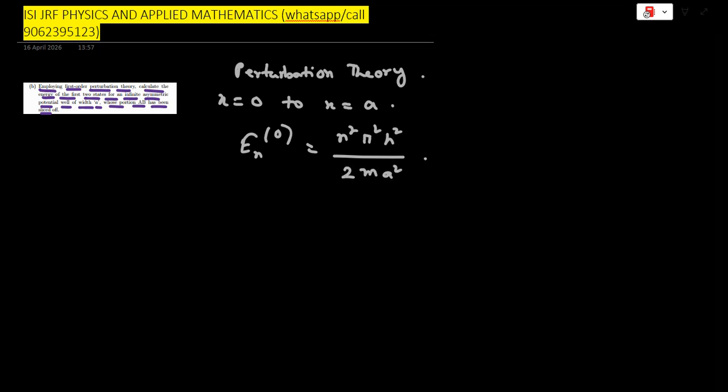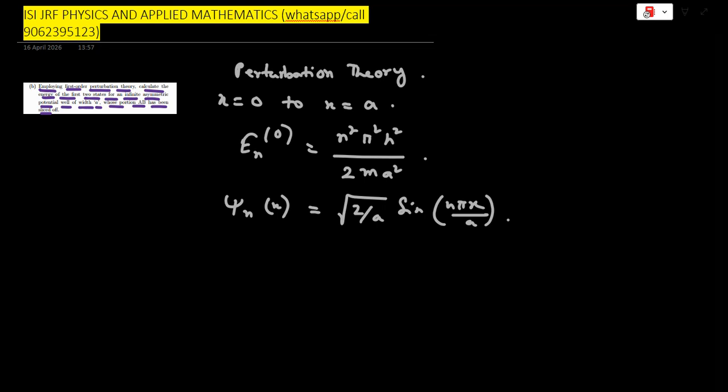And the wave functions are just sine waves trying their best. That is psi_n equal to root over 2 by a sine n pi x by a. Now if you forget this in the examination, don't tell them you were my students.